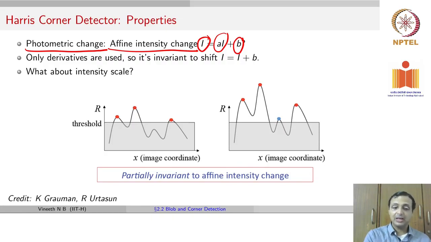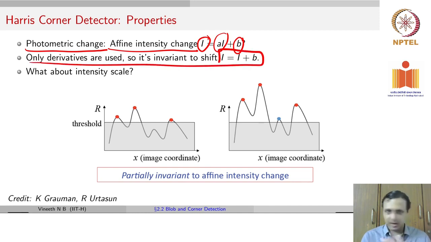So in this particular case, if you notice, for only the translation, it really does not matter. You would find the corner whether you increase the intensity in all places by an amount or otherwise, it would still find the corner. But about the scaling part of the intensity change, by multiplying it by an A, it depends on the threshold that you choose.